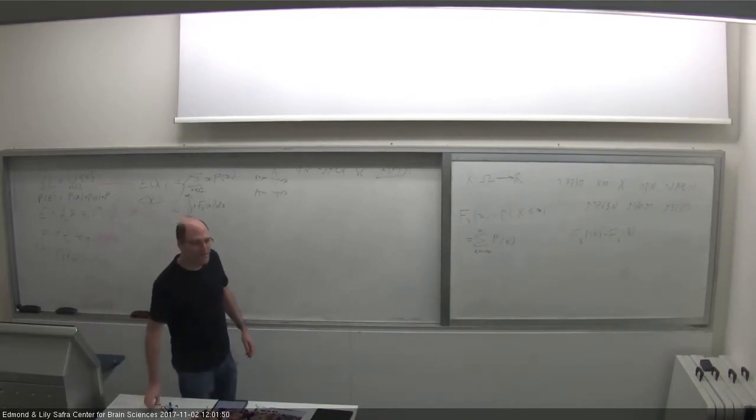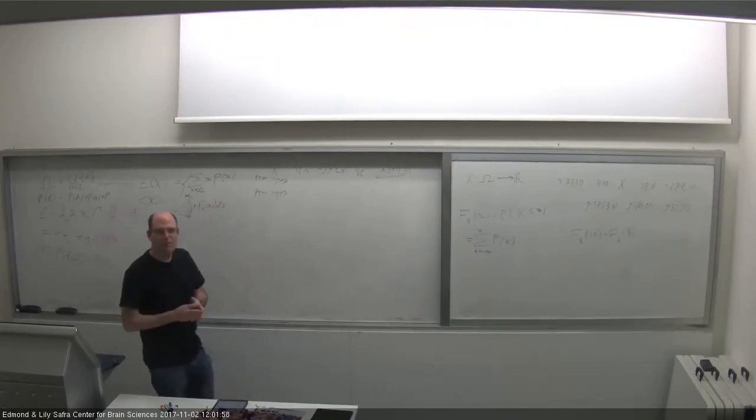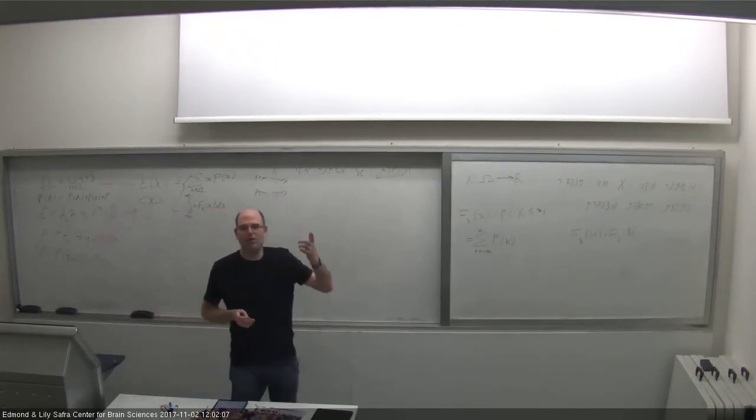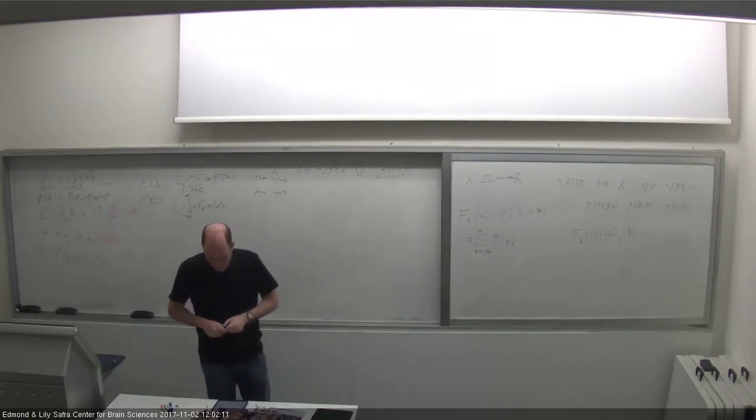So we discussed the capacity of the perceptron, which is, given a set of p points in the n-dimensional space, which are in general position, how many of the dichotomies? There are 2 to the p dichotomies, right? And we discussed how many of these dichotomies can be realized by a binary perceptron.